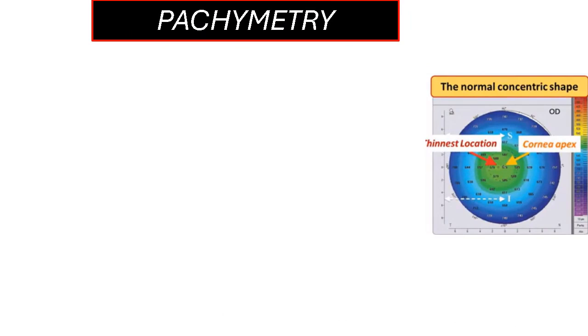In the pachymetry map, there are certain important landmarks that we have to concentrate on. First of all, you have to make the scale of the pachymetry map the 10 micrometer scale. This is the standard scale for the pachymetry.